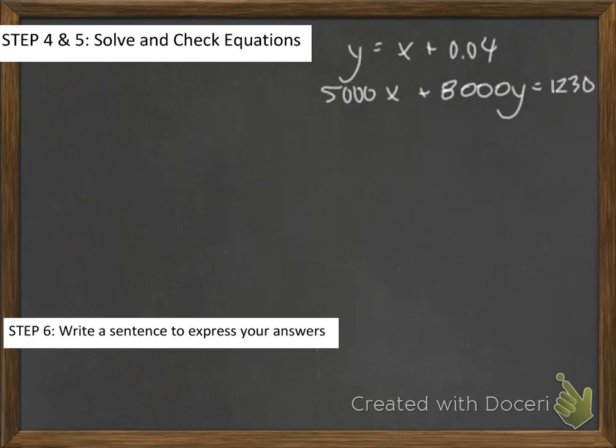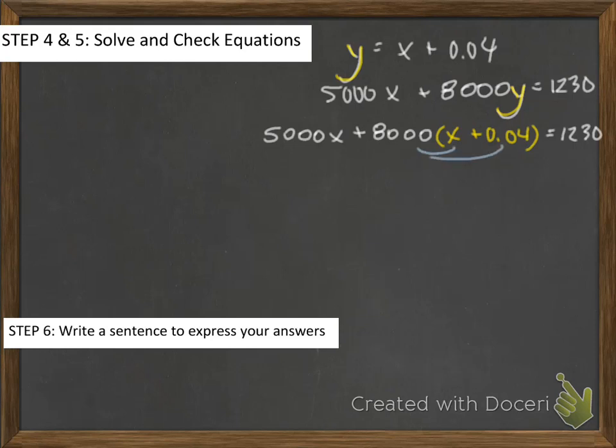Okay, so if I'm using substitution, that means that wherever I see y in the second equation, instead of writing y, I'm going to write x plus 0.04. And then I'll just go back and fill in the equation around that value. Oops, make that an 8. So we have 5,000x plus 8,000 times the quantity x plus 0.04, equals 1,230.